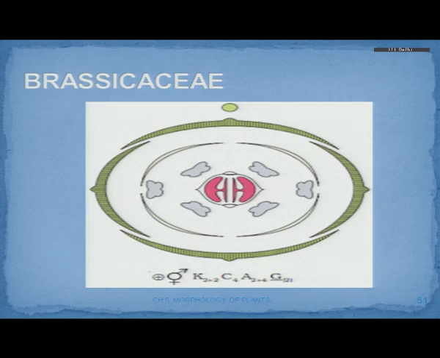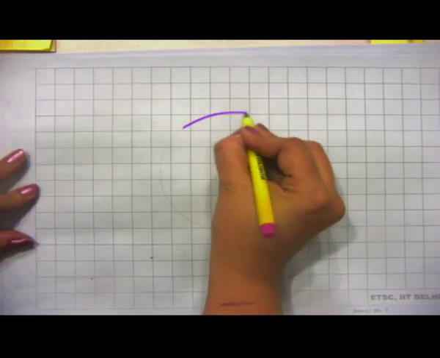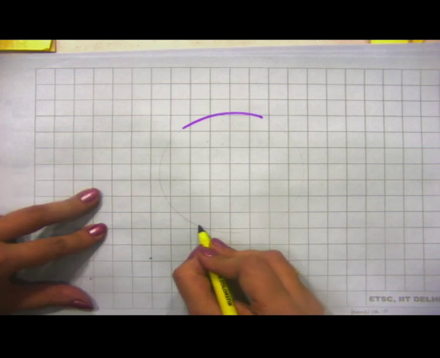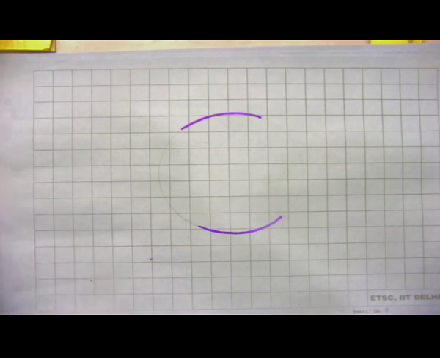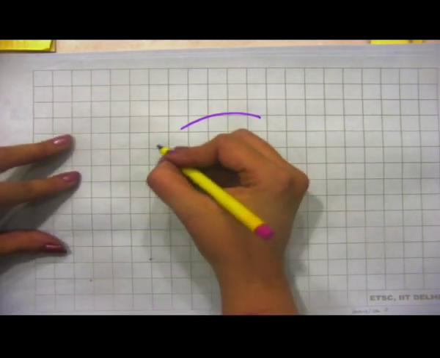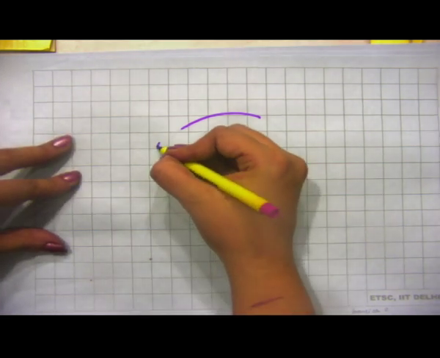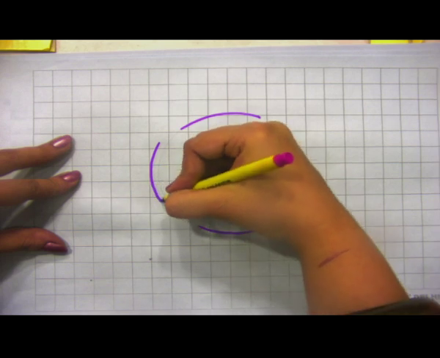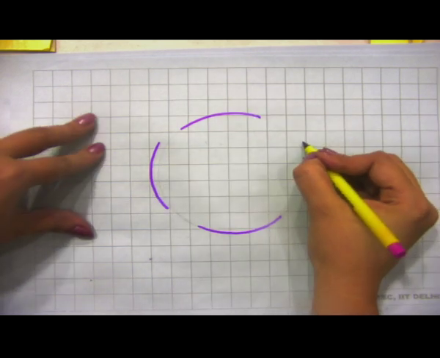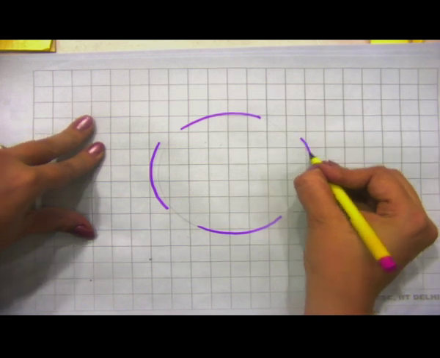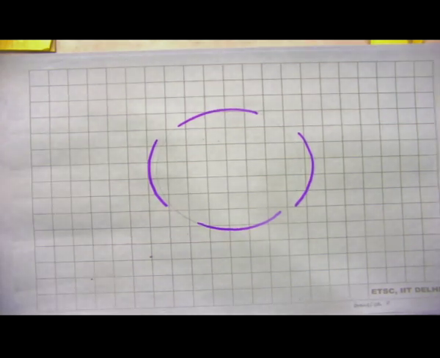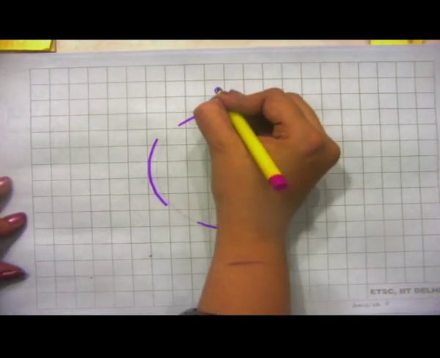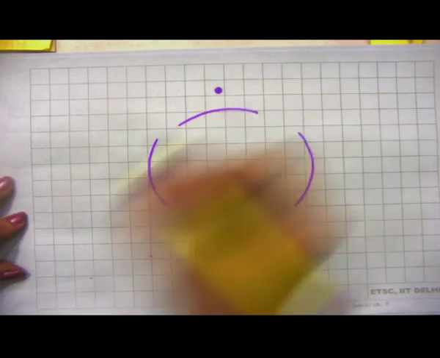So we will draw the 4 sepals, 1 and 2. We will use the same technique that we had used while learning to draw the estivation. 3 and 4. So there are 4 sepals. We show the mother axis by drawing a dot over here.